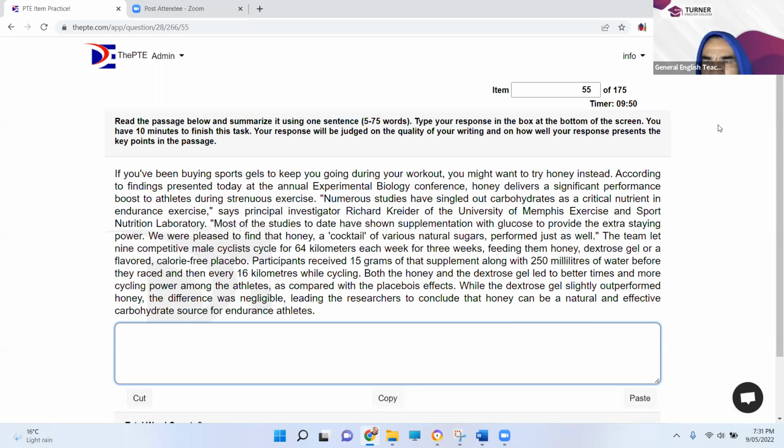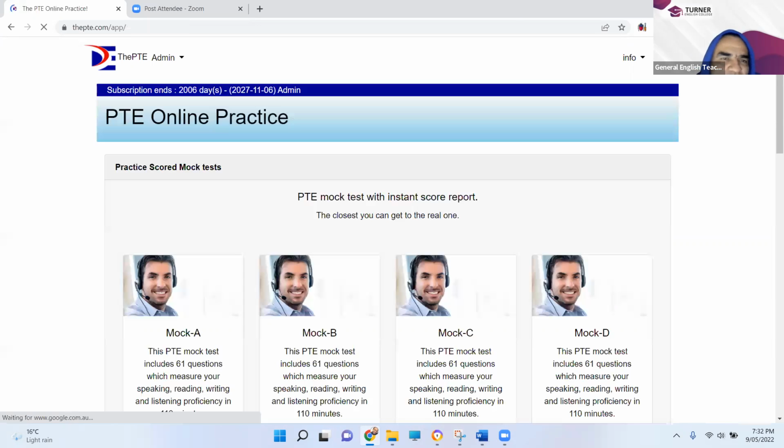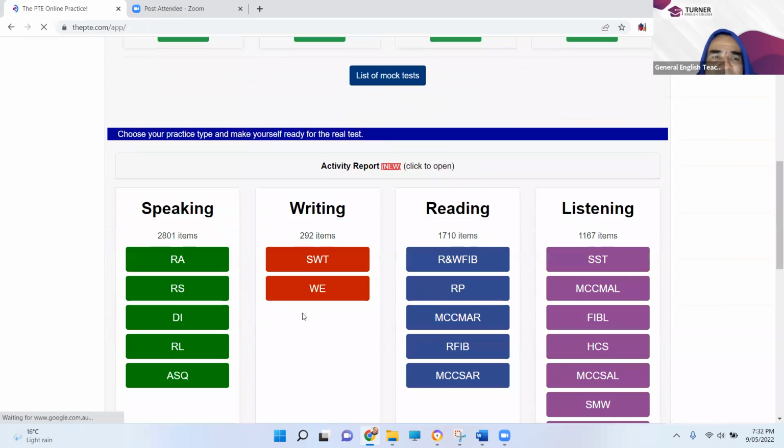Now, as you mentioned, three of you referred to speaking. So we're going to start with speaking, and we'll start with read aloud and then repeat sentence. And as Mayuko said, retell lecture. Okay, so we'll start with read aloud now.